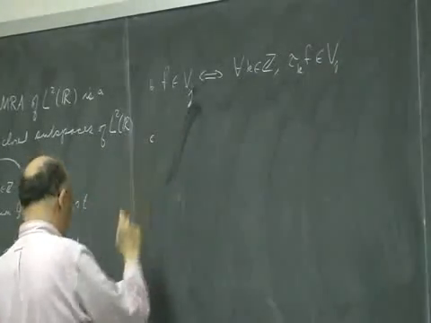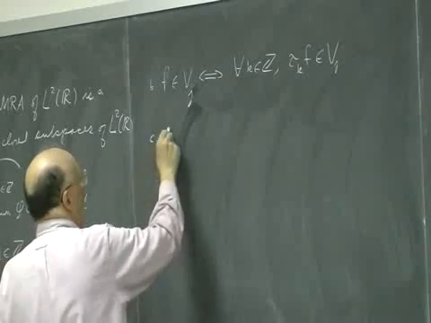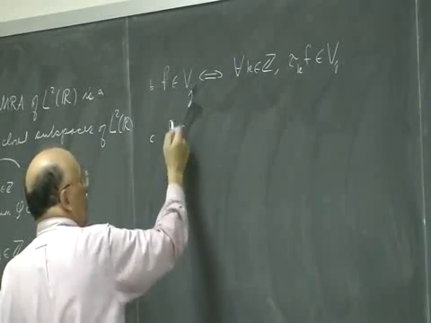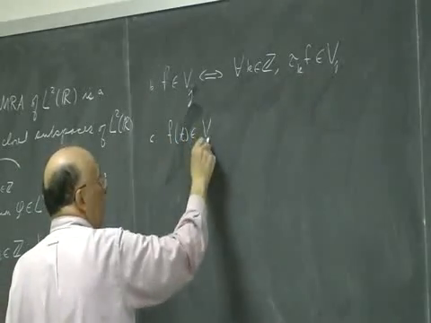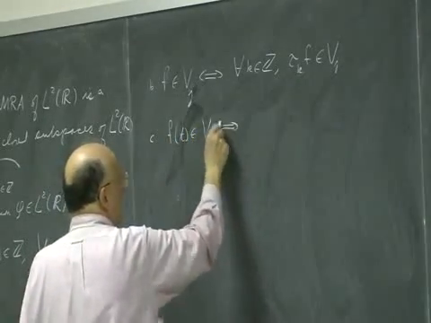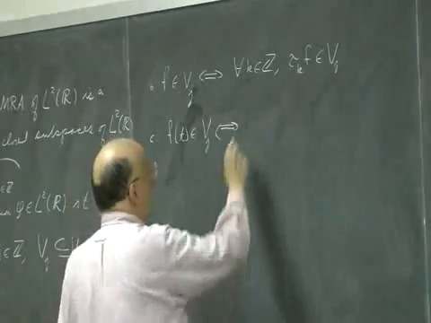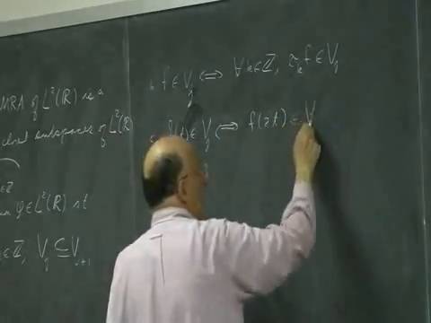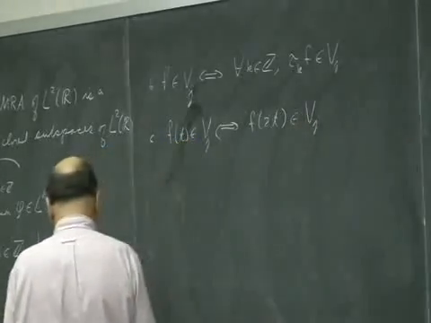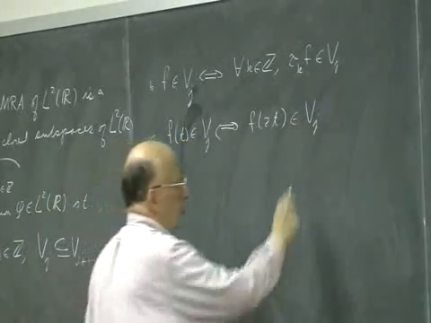C: f of t belongs to Vj if and only if f of 2t belongs to, excuse me, Vj plus 1.